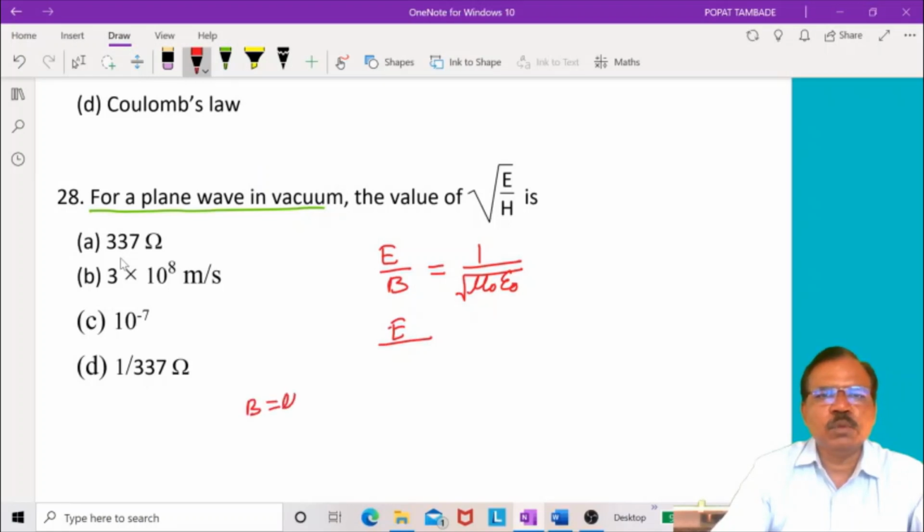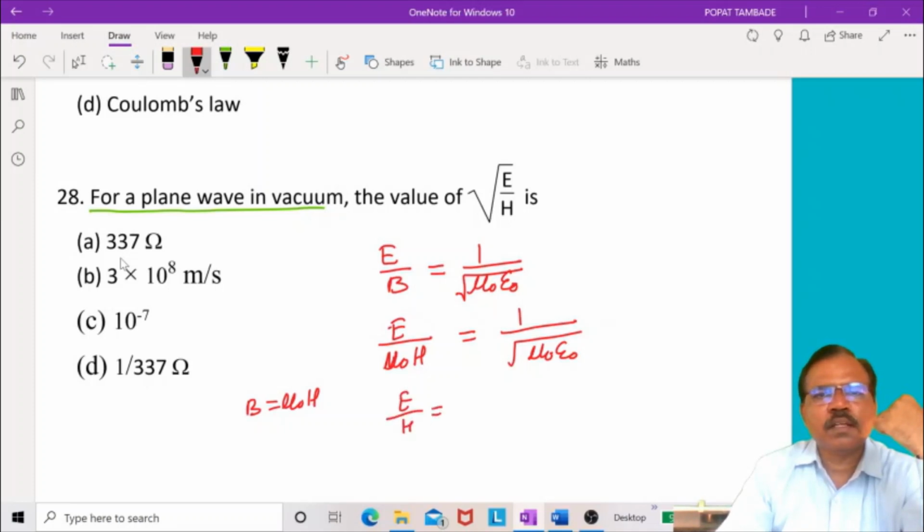B is mu 0 into H. So E by H is equal to mu 0 upon root of mu 0 epsilon 0, and then we get root of mu 0 upon epsilon 0.